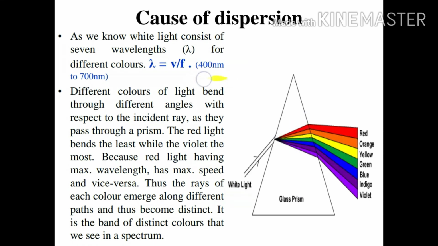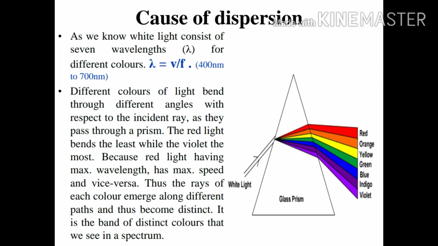This is the wavelength range, 400 nanometer to 700 nanometer. First of all, nanometer is a unit of length. Nano means 10 raised to power minus 9, and meter means meter. If you convert it into meter, you will write 400 into 10 raised to power minus 9 meter.